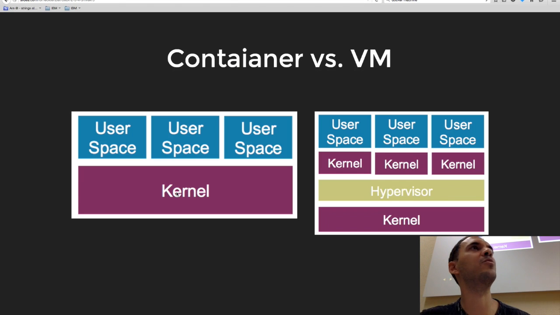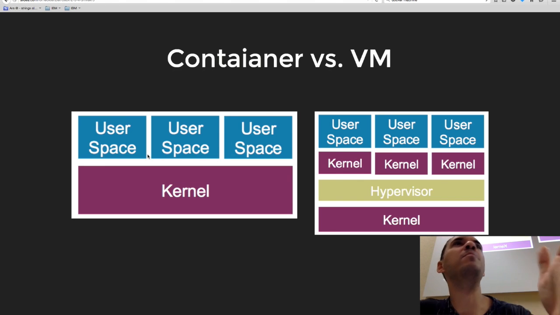C group stands for control groups. And that is an extension in the Linux kernel since version 2.6.18, I think, implemented by Google. And that allows to separate the user space into different sections by separating namespaces. So namespaces means for the file system.